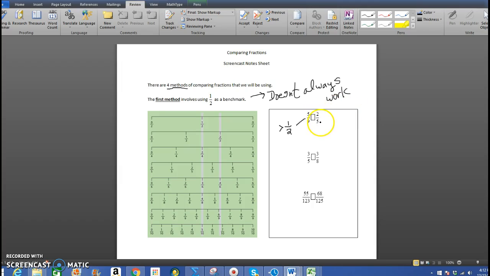Then 2/5: 2.5 doubled would be 5, and I've only got 2 of the fifths, so I know this fraction is less than 1/2. That means this fraction would fall between 0 and 1/2 on the number line, and this fraction would fall between 1/2 and 1. So that makes this fraction the bigger fraction.